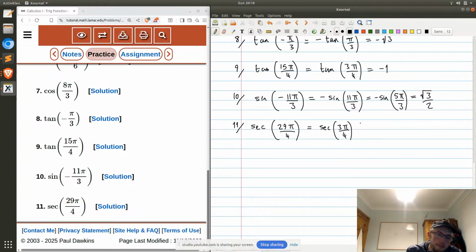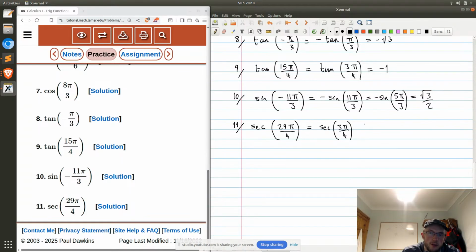Now, what is the cosine of 3 pi over 4? Well, that's the same as the cosine of 135 degrees, which is negative root 2 over 2, but then we have to take the reciprocal of that.